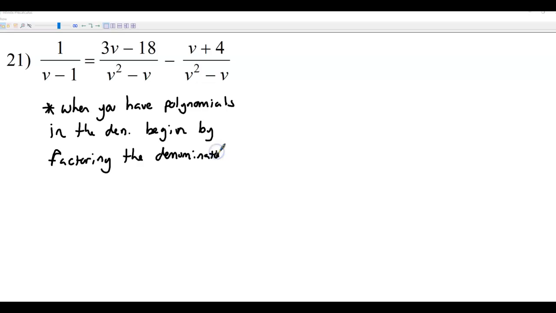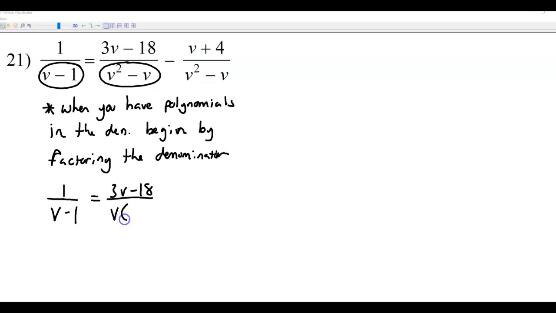And you only need to factor the denominator, okay? So for this one, you can't factor v minus 1, so I'm just going to leave that alone. This one here, there's a greatest common factor, so I could take a v out of there.